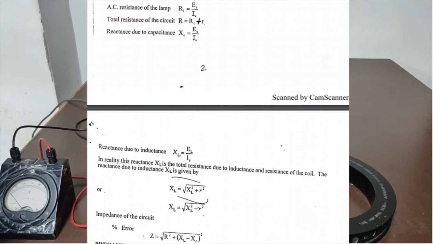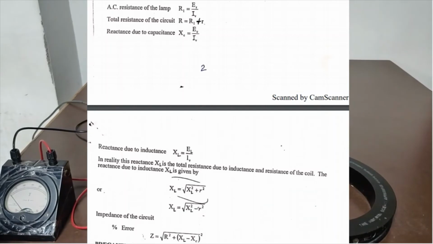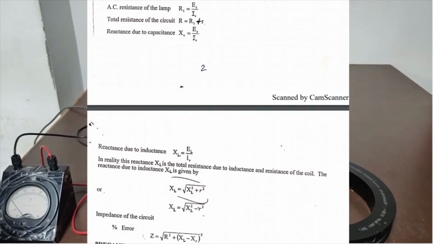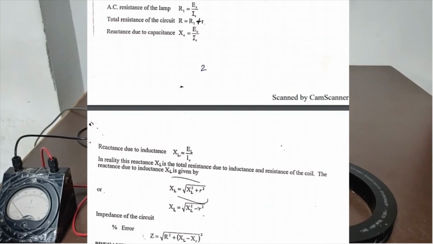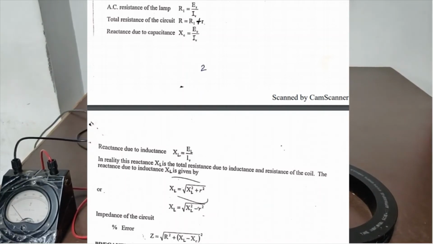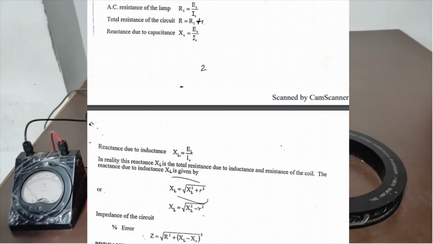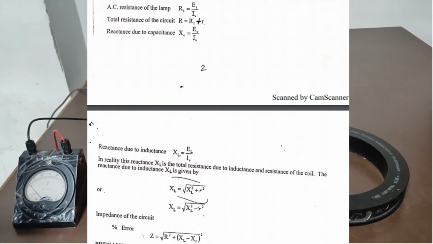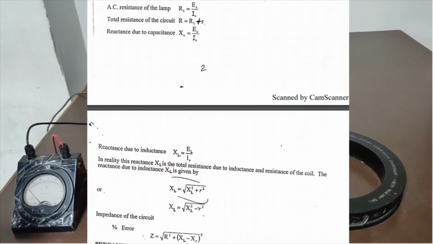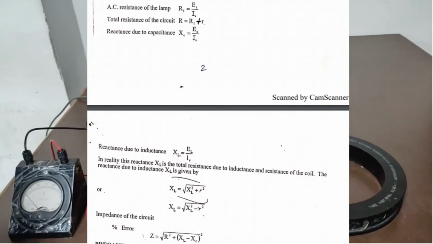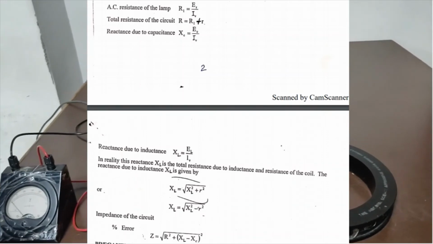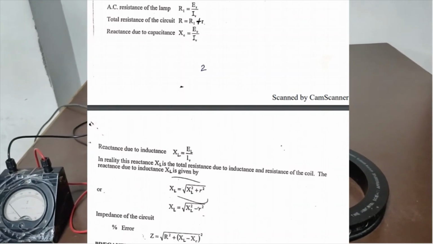And you can also evaluate R, which is equal to R1 plus small r. Here small r is the resistance of inductance coil, which in our case is 19 ohms. So you can calculate the total resistance of circuit from this formula, R equals R1 plus r.